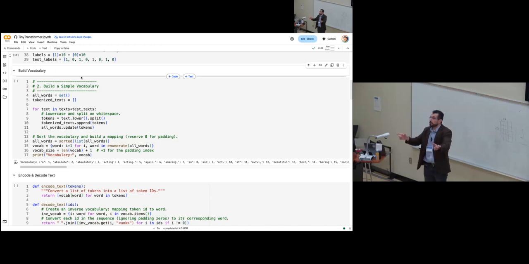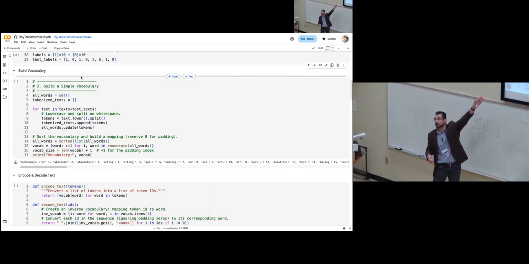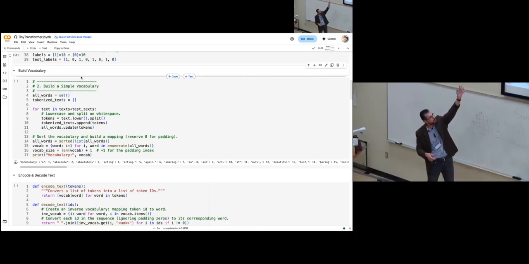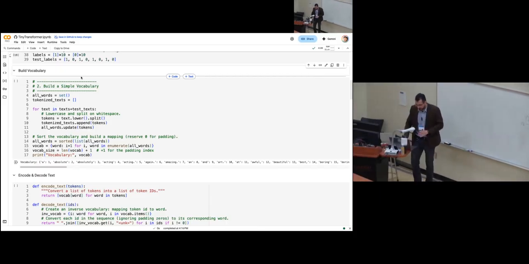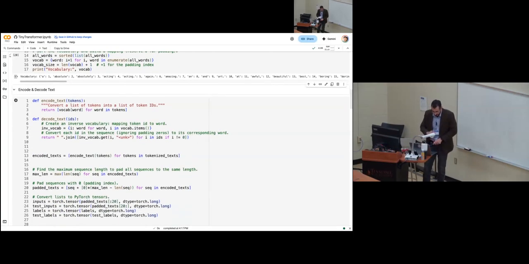Let me find all the words that are unique in this data set, for training and test, and assign an integer to each unique word. We can say A is integer 1, absolute integer 2, absolutely integer 3, and so on. It's not the most efficient way of doing it, but it's just a quick demo to see if it works or not.